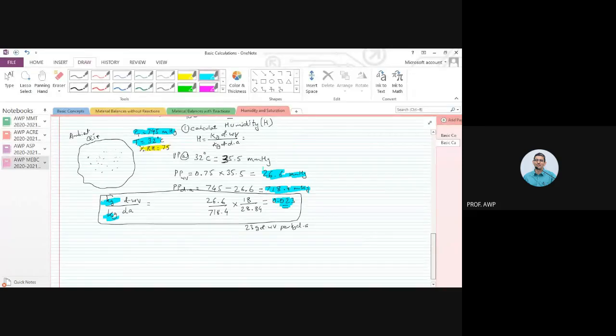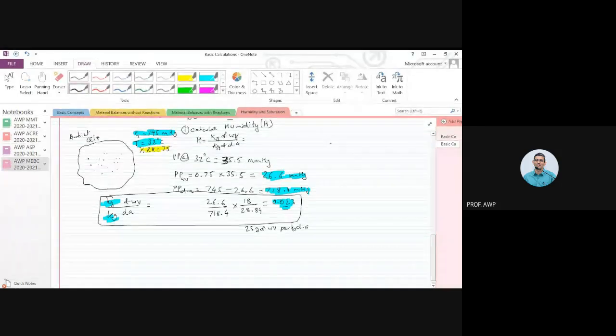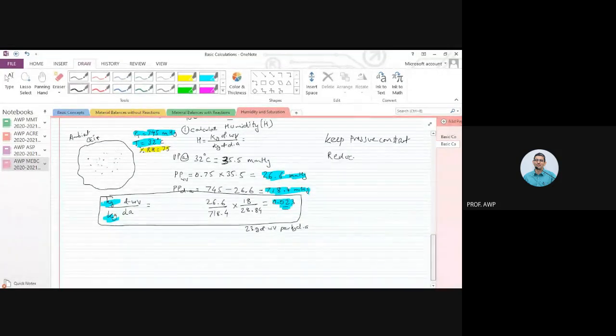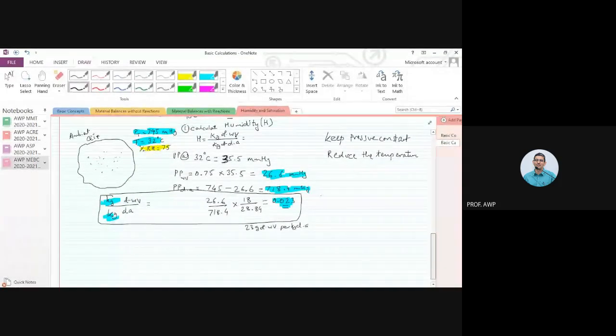Now, suppose I keep the pressure constant, atmospheric pressure, and reduce the temperature. Is that okay? So imagine I take a sample of this air connected by a frictionless, weightless piston.